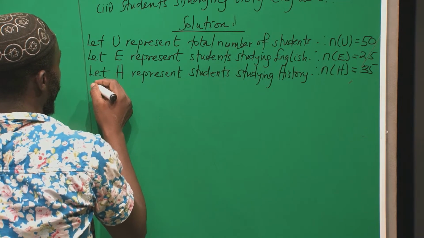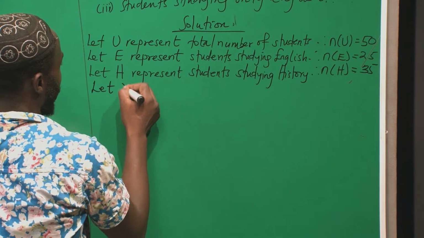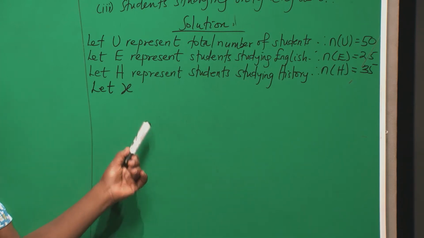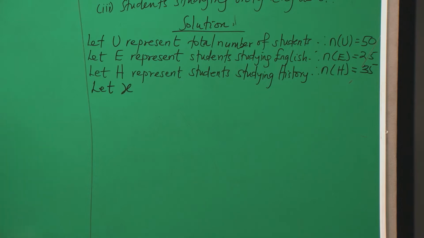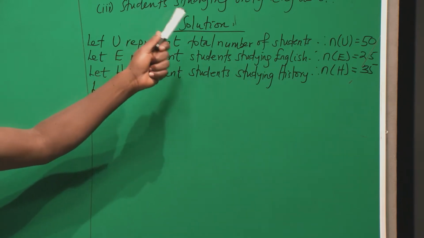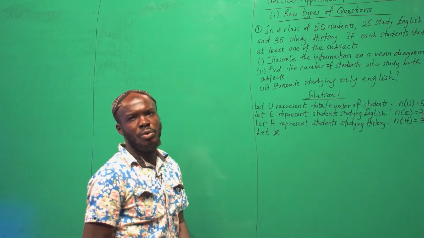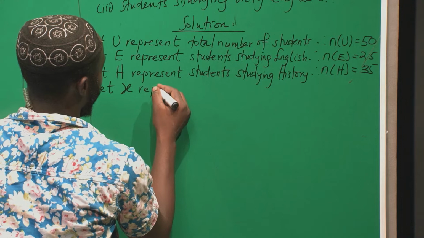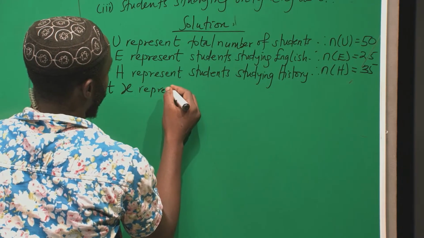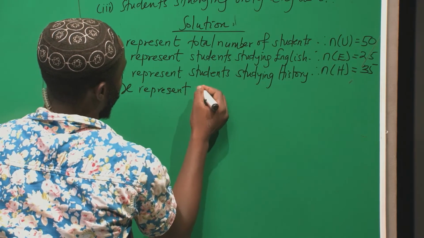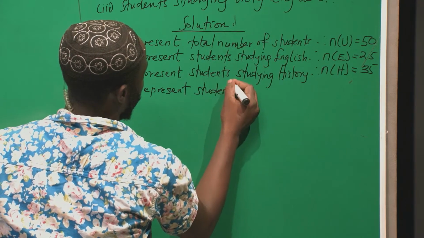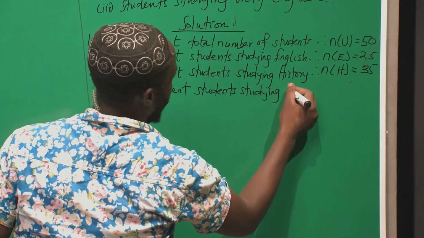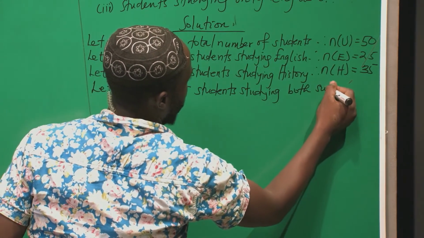So let X, normally we mathematicians like X, but it can be A, it can be B, any letter, but normally we like X. So we let X, the number of students studying both, which we don't know, represent students studying both subjects.